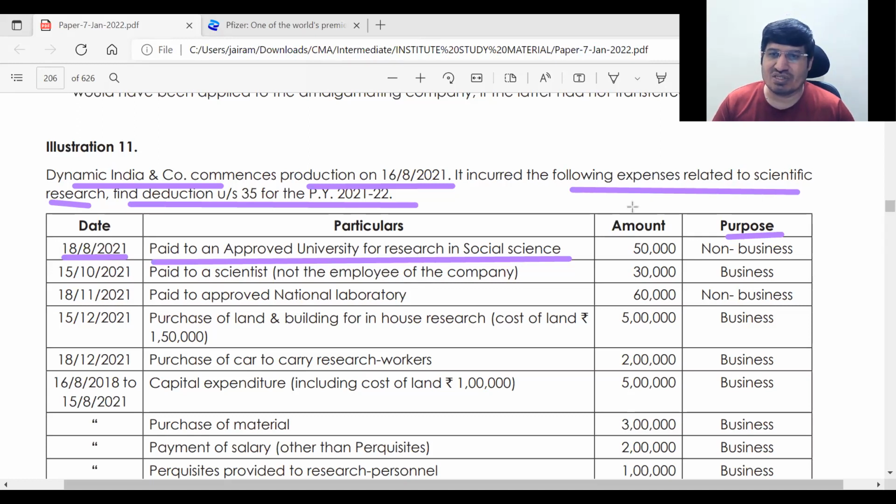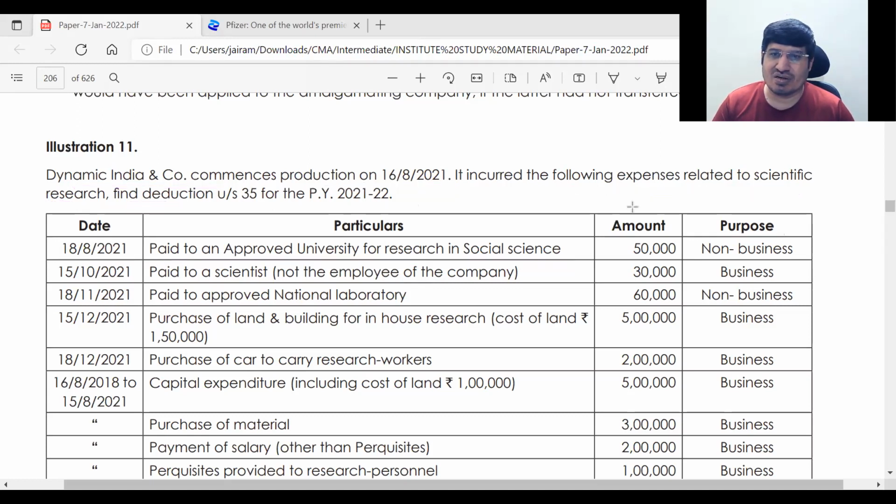ठीक है, दिखाओ कौन सा पॉइंट है. I'll show you which point it is.